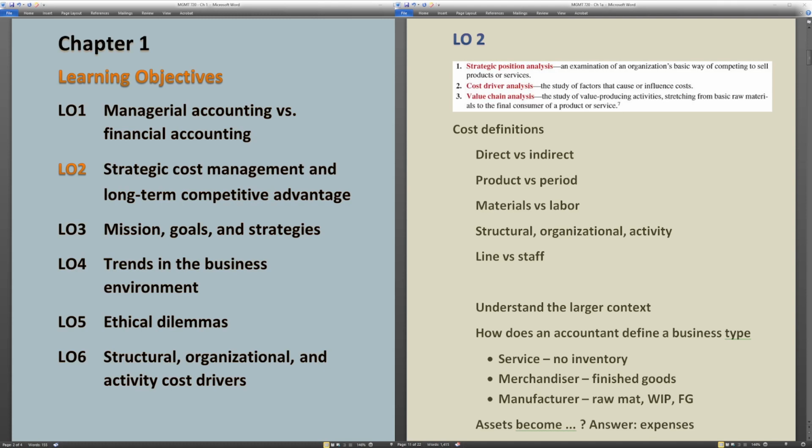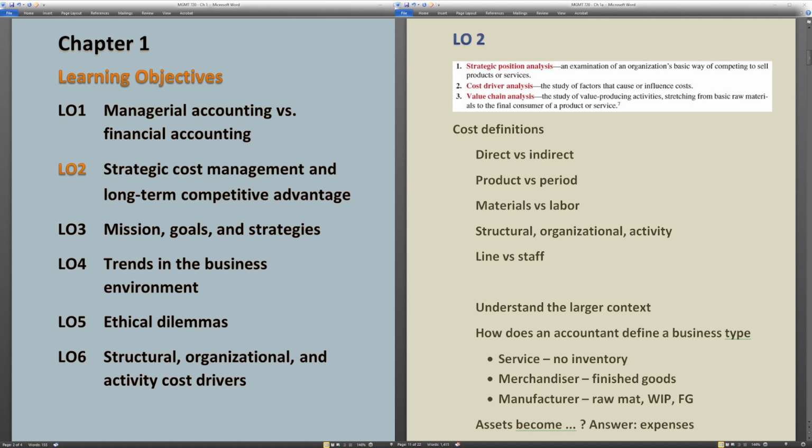Now, not only is knowing the definition of these costs important, but also understanding the larger context. In other words, understanding what costs the managerial accountant is choosing to define also tells you what is important to them.